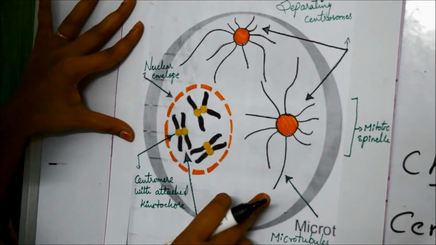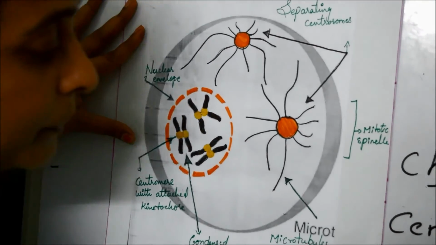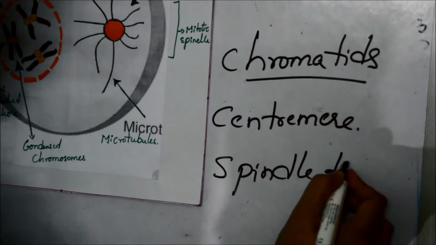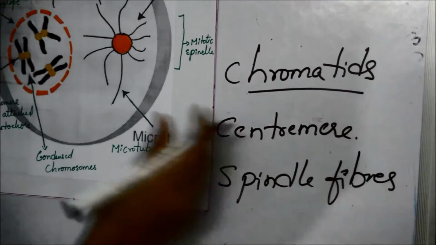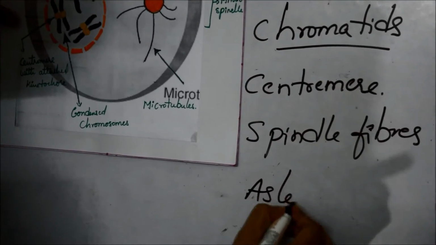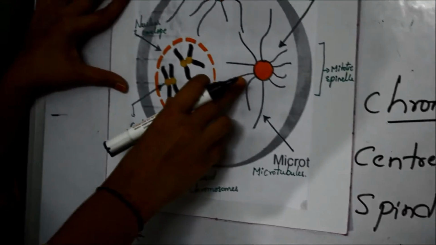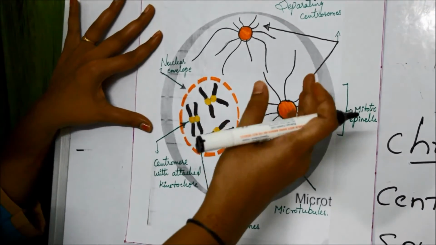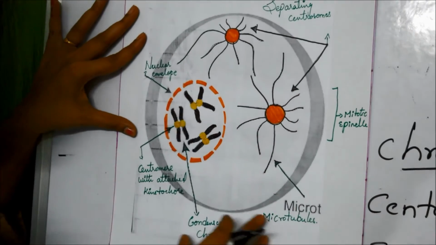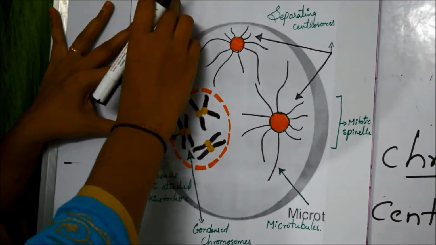These fibers we call spindle fibers. A centriole with spindle fibers we call an aster. Now the spindle fibers grow towards the center of the cell. This process we see in the prophase stage.